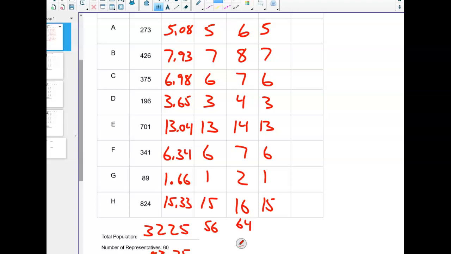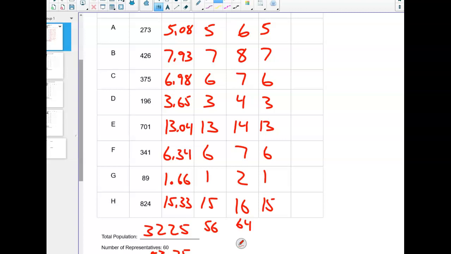And what is the difference? The difference between the lower quota reps and the amount of reps I have is 4. So I have to give away 4 reps. Those 4 reps are the 4 numbers that are biggest after the decimal point.